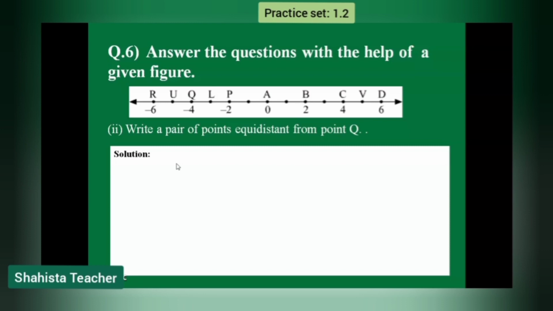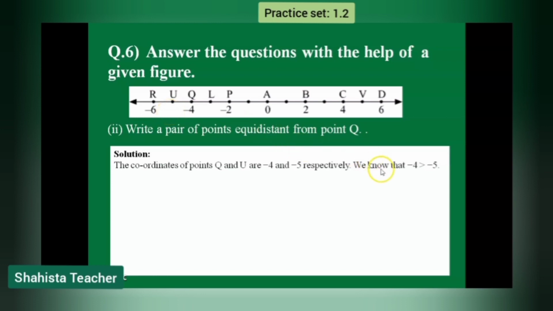As I told you before, in negatives the number that looks smaller is actually the greater number. Is that clear? That means minus 4 is greater than minus 5. So we write the coordinates of point Q and U are minus 4 and minus 5 respectively, where minus 4 is greater than minus 5. The statement is like this. Here minus 5 is not written, but we have to understand it, the next number is minus 5.